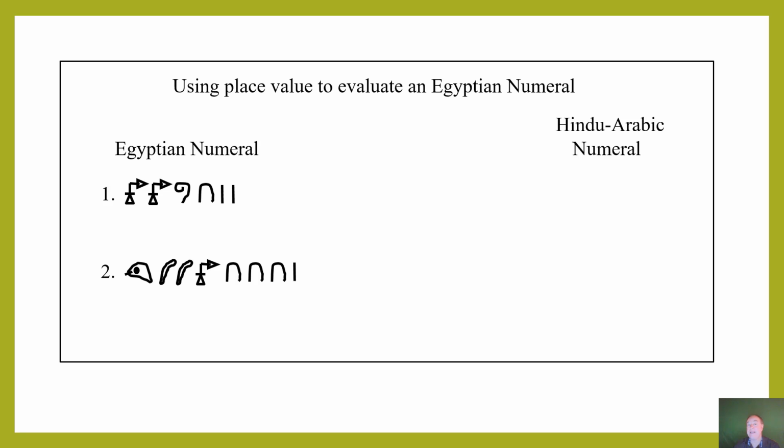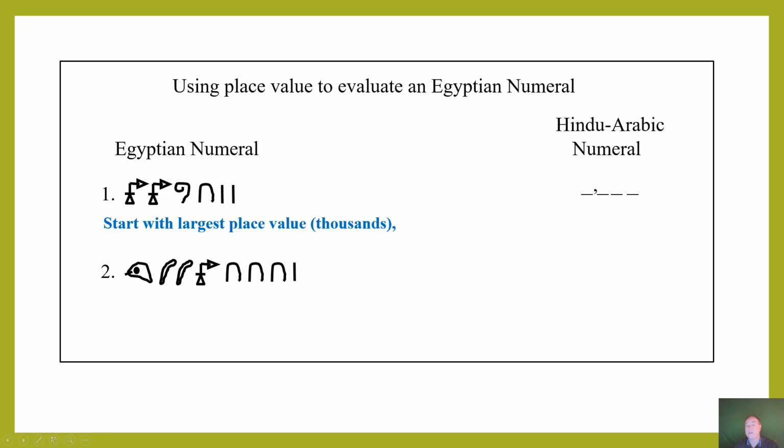Now, if I wanted to use place value to evaluate an Egyptian numeral, if we go back to the table, you will notice the values are 1, 10, 100, 1,000, 10,000, 100,000, 1,000,000, just like our place values. So if we look at this symbol here, 2 lotus flowers, we start with thousands.